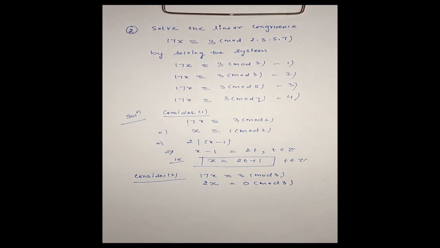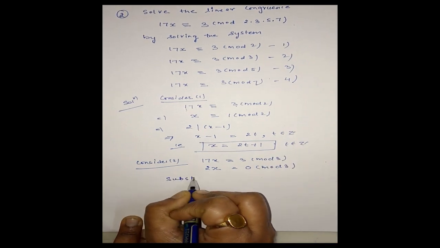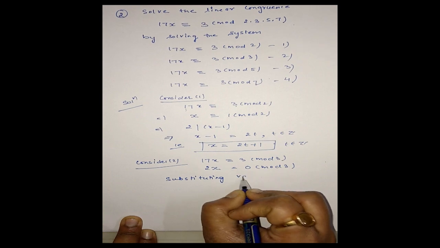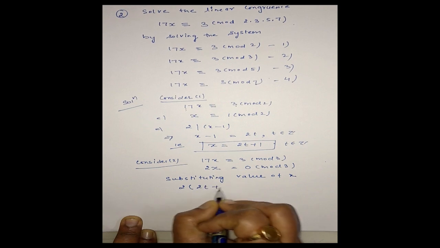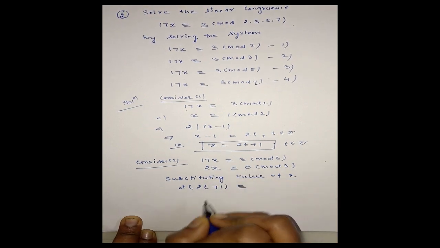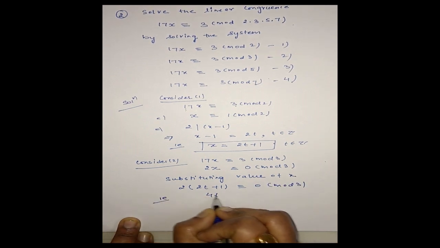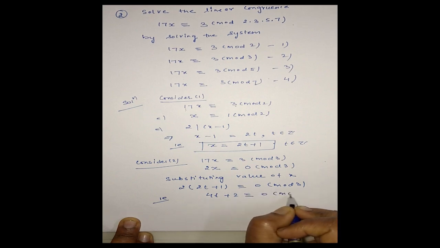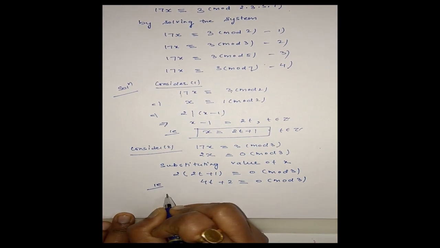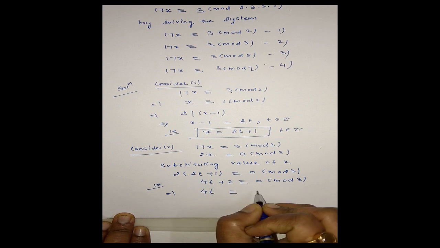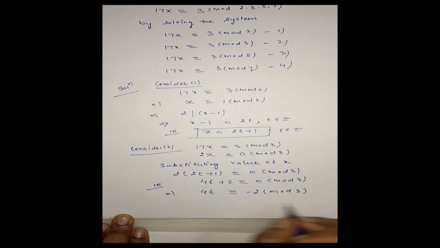Now substituting the value of x, we have 2 into 2t plus 1 is congruent to 0 modulo 3. That is, 4t plus 2 is congruent to 0 modulo 3. Subtracting 2 from both sides, 4t is congruent to minus 2 modulo 3.